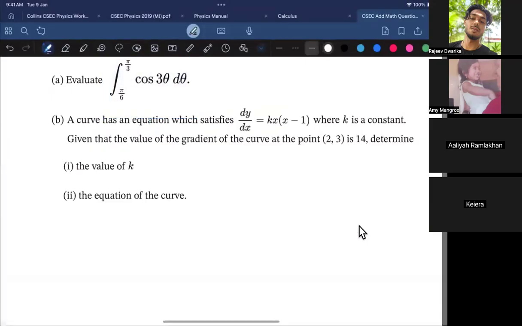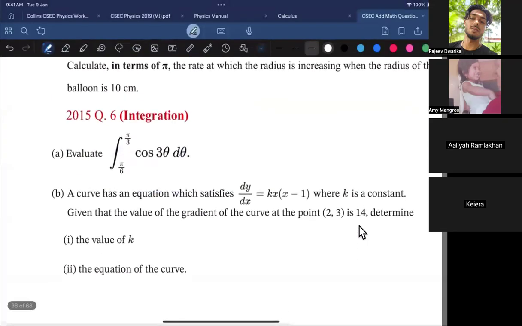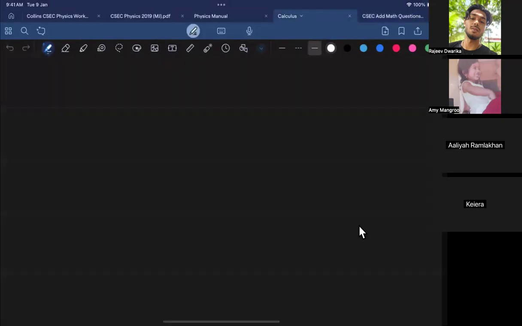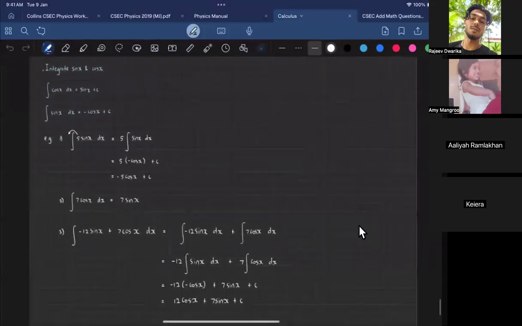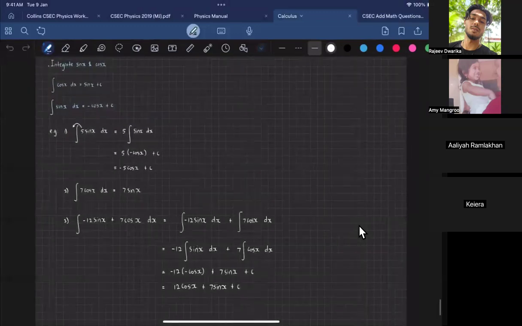And Amy, I didn't show you how to integrate that. So I guess we have one more thing to do on the sine and cos. So Alia, copy this down. Leave out that question for now. Copy this down, and that'll be it for class today. And the last one. All right.